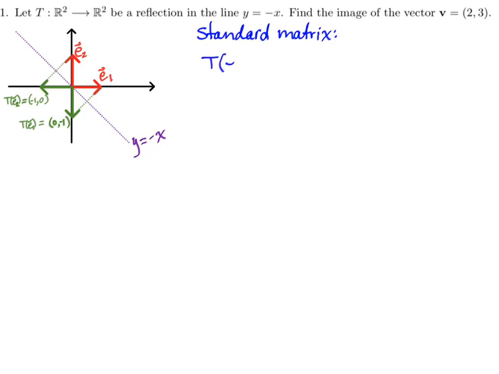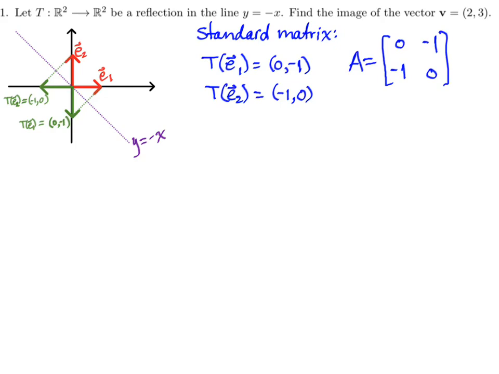So now let's write down those two images. T of E1 is 0, negative 1. T of E2 is negative 1, 0. And we can write down the matrix. The two columns are just the images of those two basis vectors. Notice that is not an elementary matrix. How many different elementary row operations do you have to do to the identity matrix to get this thing?